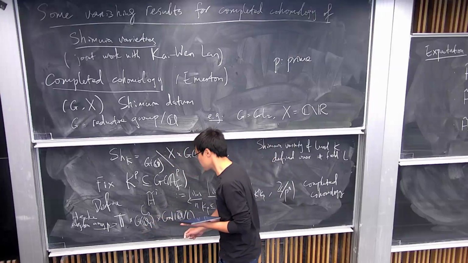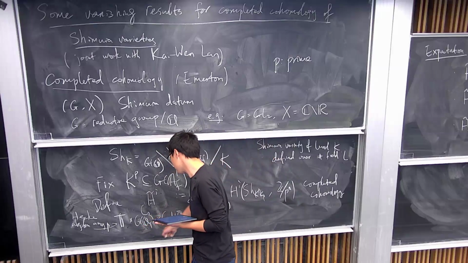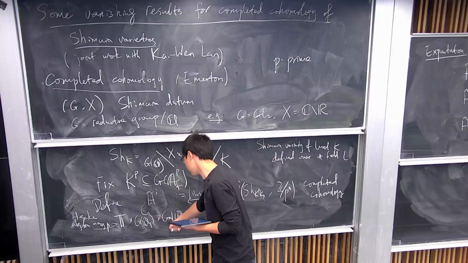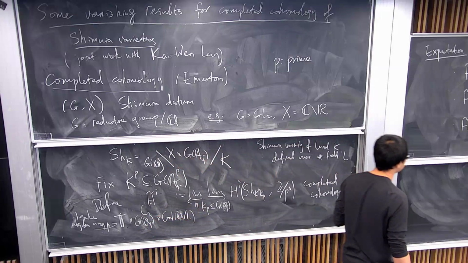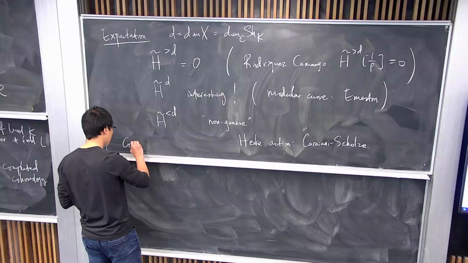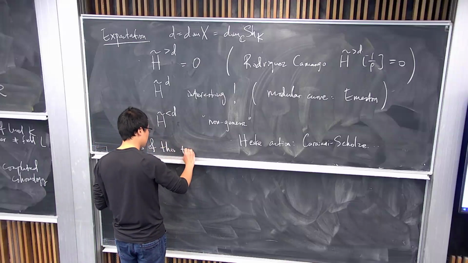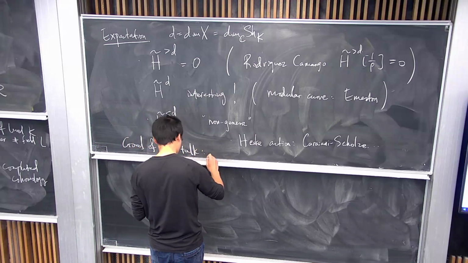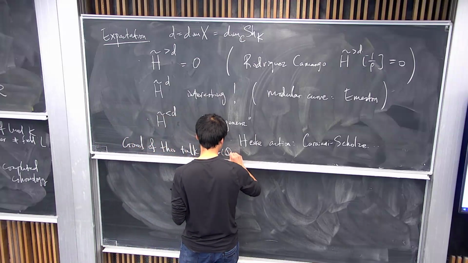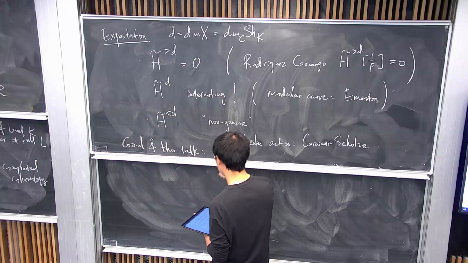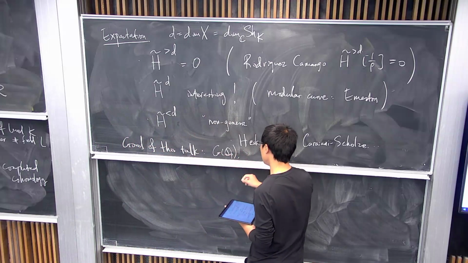So I will mainly focus on this and say something about what we can say about this action. It's really these two actions: the representation at p, and also this Galois action.